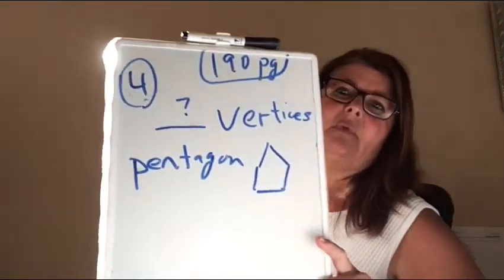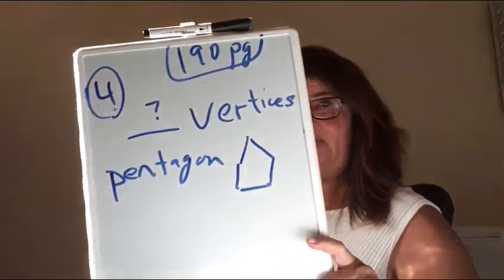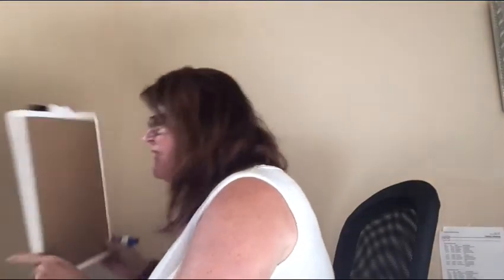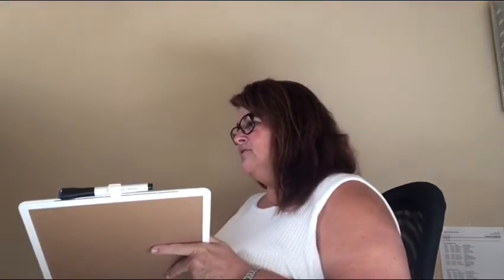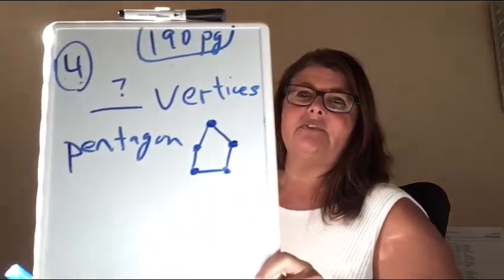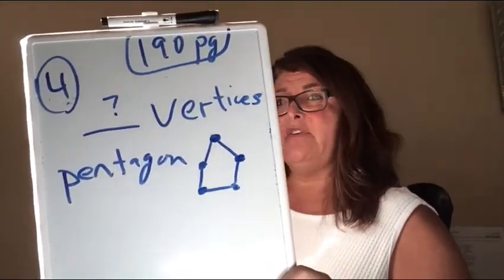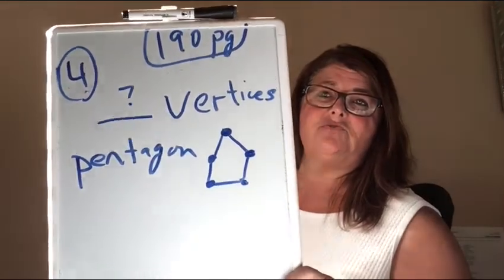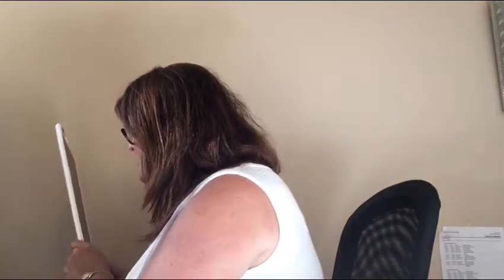It has 5 sides. A pentagon has 5 sides and 5 vertices. See the 5 sides and the 5 vertices? 1, 2, 3, 4, 5. The dots are the vertices, and she's got 5 sides and 5 vertices. So if she drew 2 pentagons, how many vertices does she have?